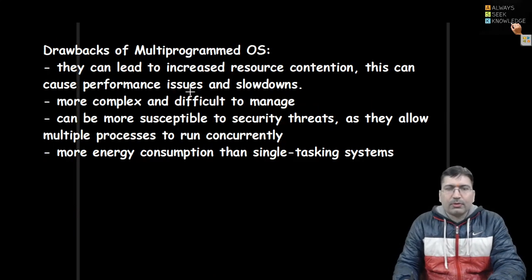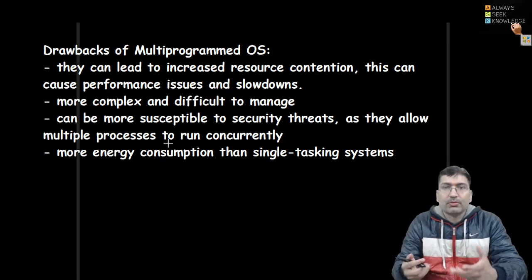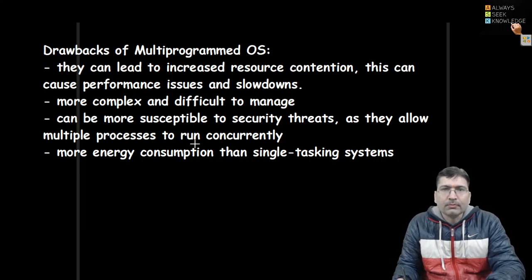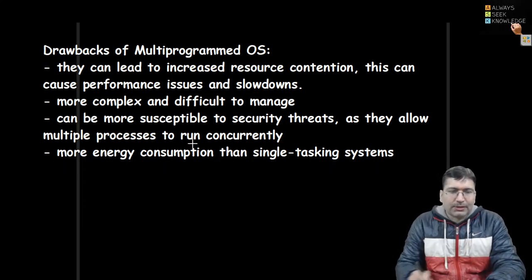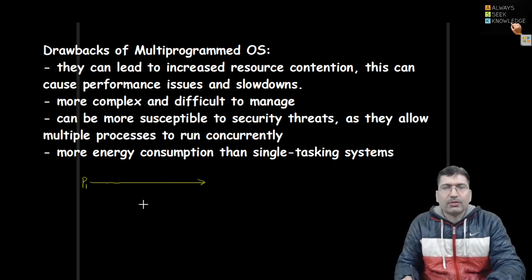Now such kind of operating system may have some drawbacks also. They may require a number of resources, more resource requirement. If a process is consuming resources for a very long period of time, let's say process P1, in this duration other processes are waiting, so there is no prioritized allotment of the job.